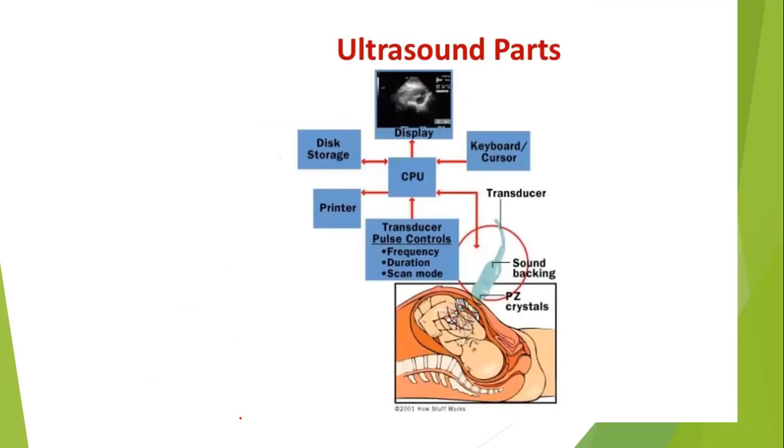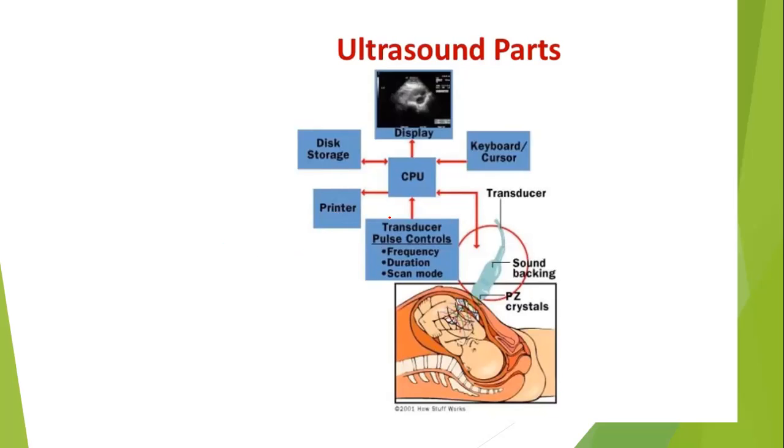So here we have some ultrasound parts when we're talking about obstetrics, right? Because here we have a fetus, here we have the transducer. This would be the transducer, right? Transducer pulse controls the frequency, duration, and scan mode. When we're using an ultrasound machine, we have different modes. For example, we can freeze the image and we can measure the diameters of a structure, as I was telling you, the eye diameter, right?